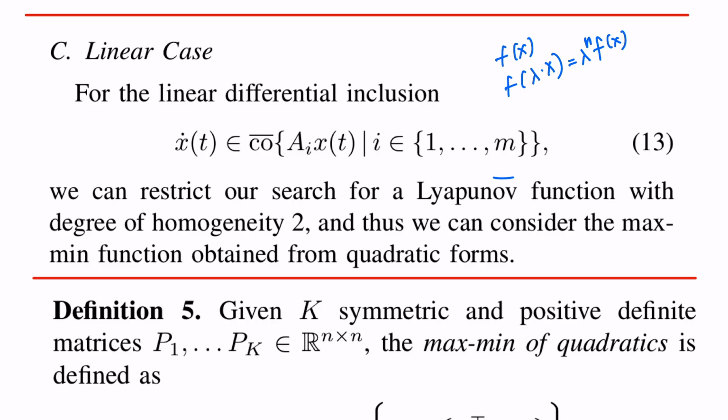Because we have a Lyapunov function, and although we are trying to put some structure, we need to make it, instead of really general, a special structure where we can parameterize it.